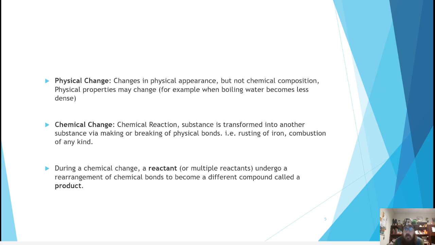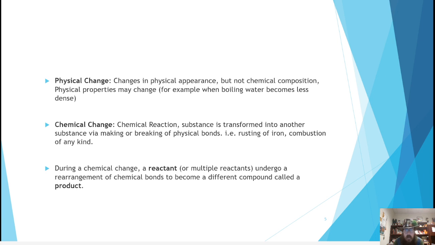A physical property may change with that because, for example, ice is less dense than water. Ice floats. Steam is way less dense than both ice and water, but it hasn't changed its chemical properties.